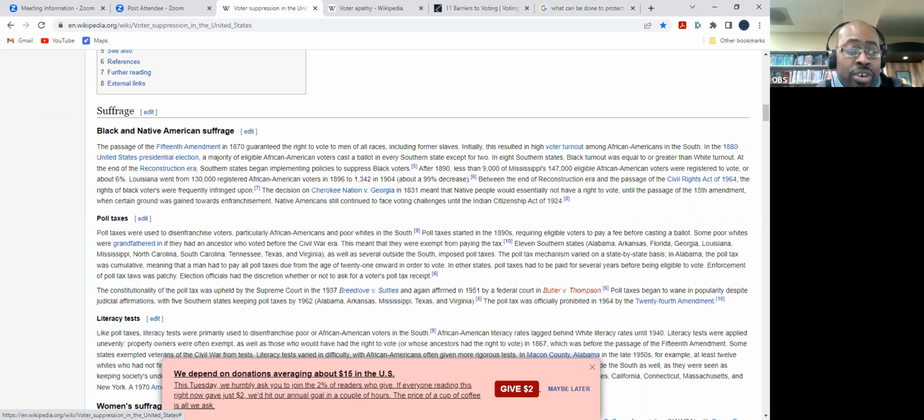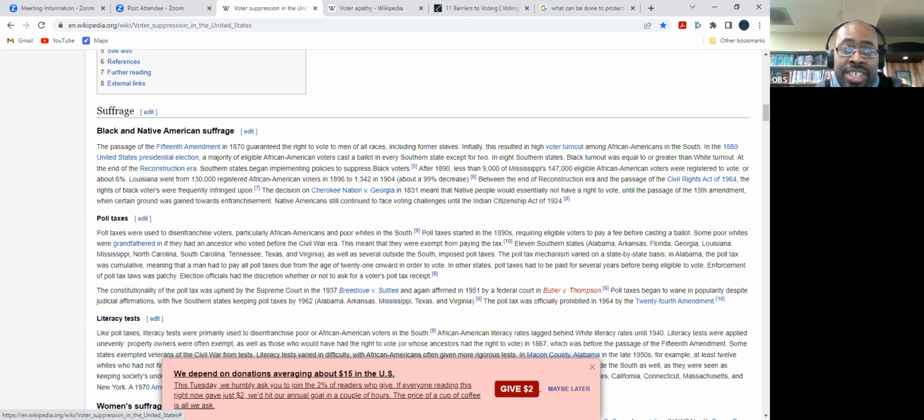Louisiana went from 130,000 registered African American voters in 1896 to 1,342 in 1904. So that means only 1% of registered African American voters in Louisiana actually voted. 1%.